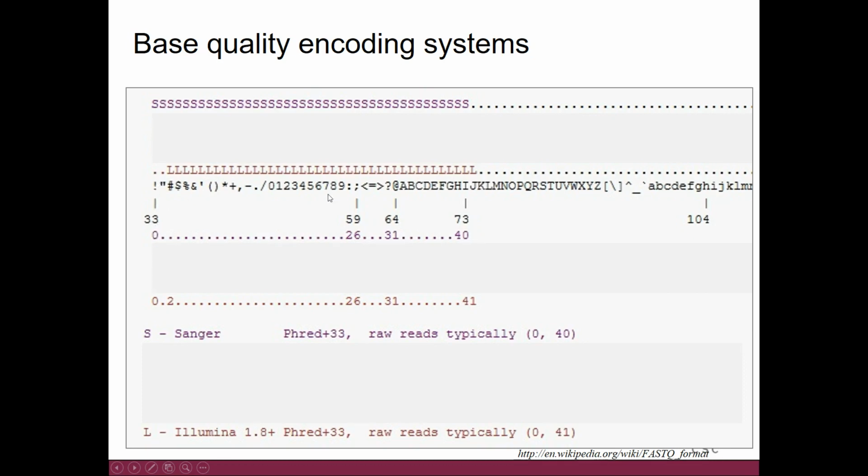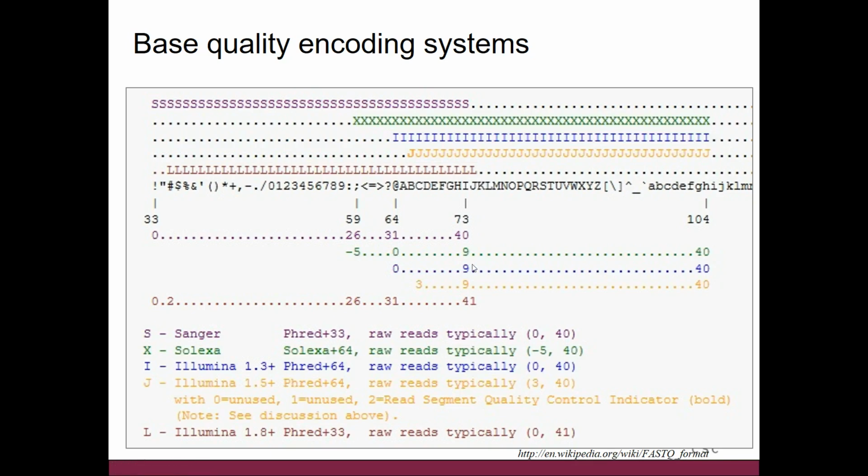And then we go up from there, so that the ASCII character which is 73rd, which is capital I, equals 40. Hence, when the base quality value is 40, we will just mark in the FastQ file capital I for that particular base. This is how it works. If you have older data, there were some different encoding systems, but nowadays all the new data uses this Sanger encoding.